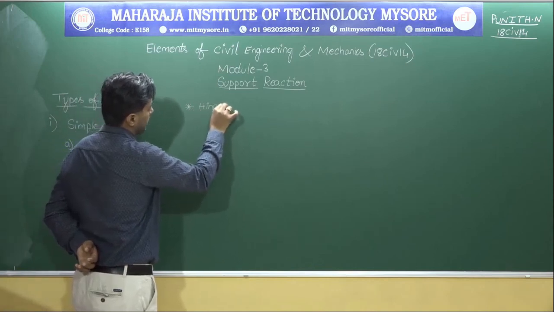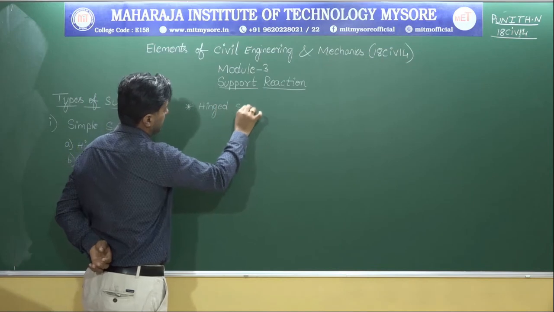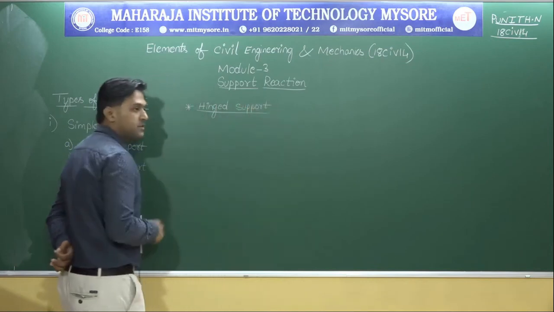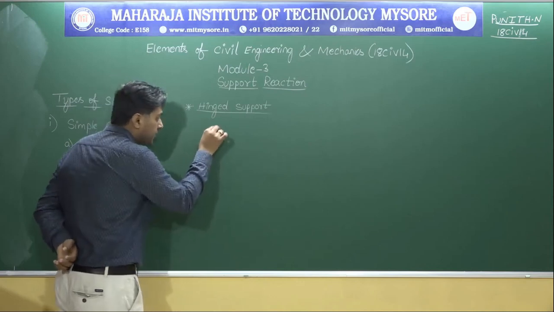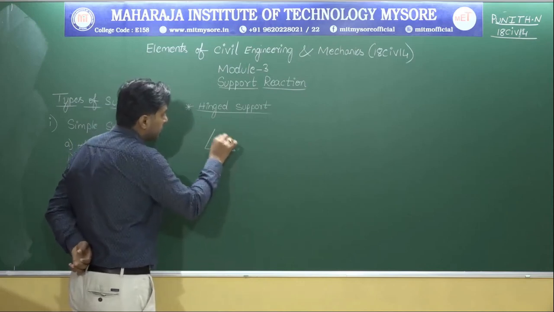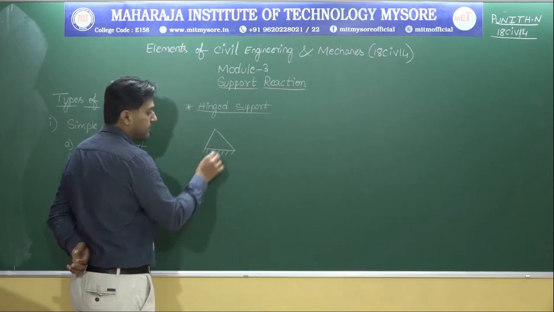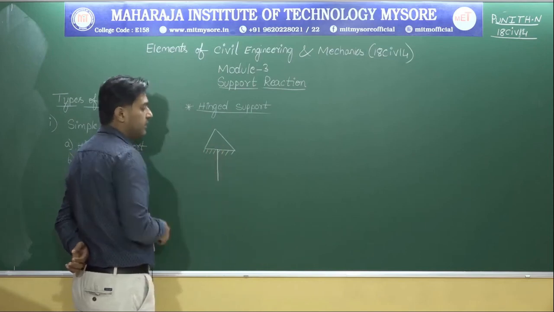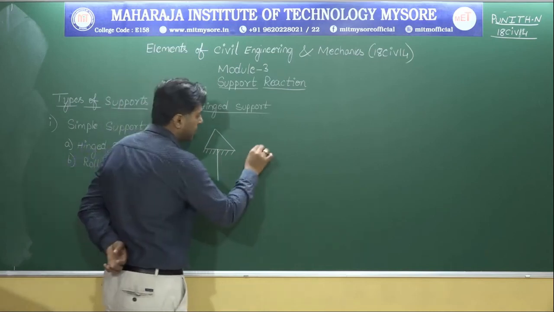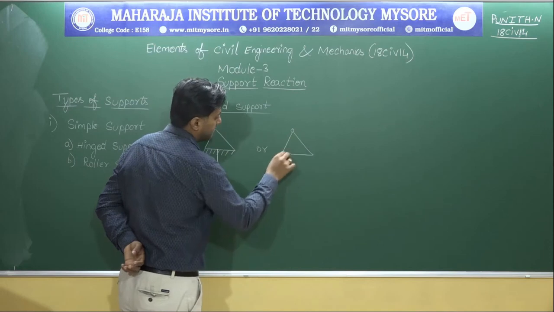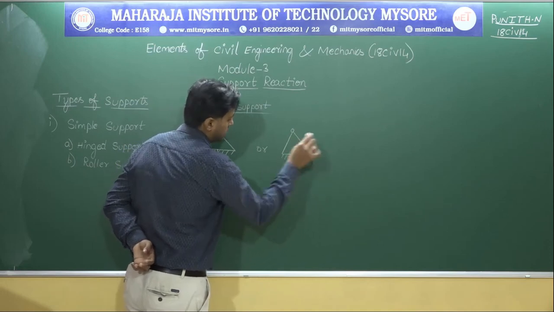First I will be taking up the hinged support. Observe here. Hinged support can be represented using this particular symbol, or this particular symbol. Any of the symbols you can use.